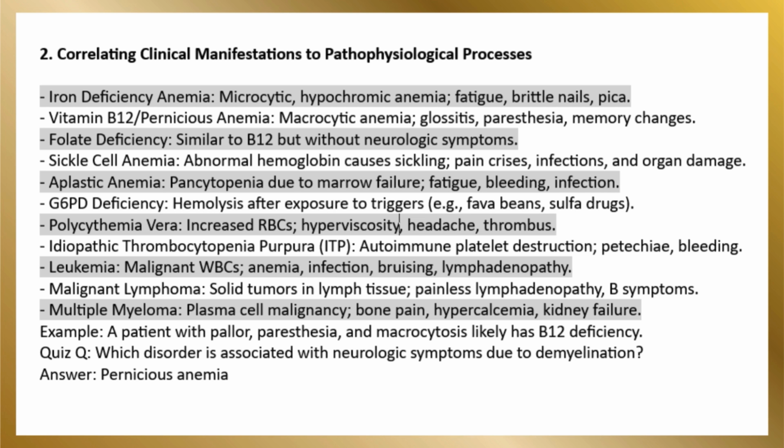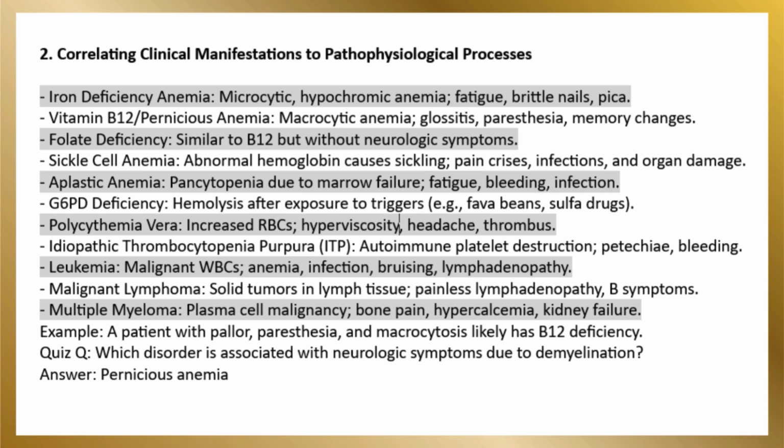Polycythemia vera, it's increased red blood cells, we said already. Viscosity, then thrombocytopenia. We talked about thrombocytosis and penia. Then a little bit here about the lymphoma, and you can see this is just a quick review.